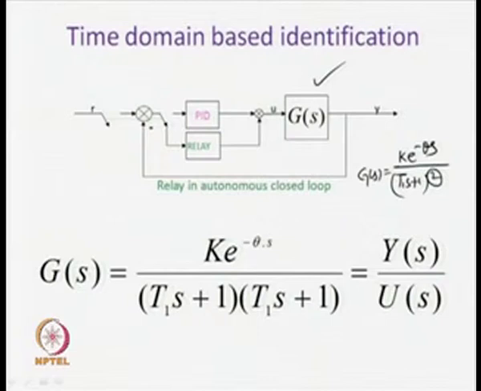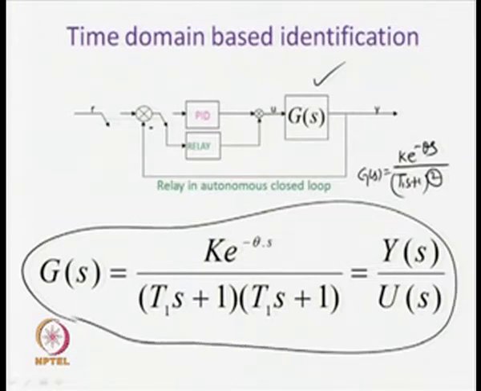Now, in this case also we can find the dynamic equations for identification of transfer function model parameters. This transfer function has how many unknowns now? We have 4 unknowns: the steady state gain K, the time delay theta, the time constant T1 and the time constant T1.